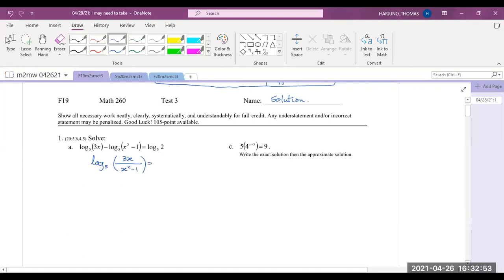Now notice that when you change that difference of logs into log of quotient, there's already a change in domain, right? But we'll check the domain later on once we get the candidates for the solutions. Log equals log means the arguments must be the same, if they have the same base, of course. And then from here we solve as usual.